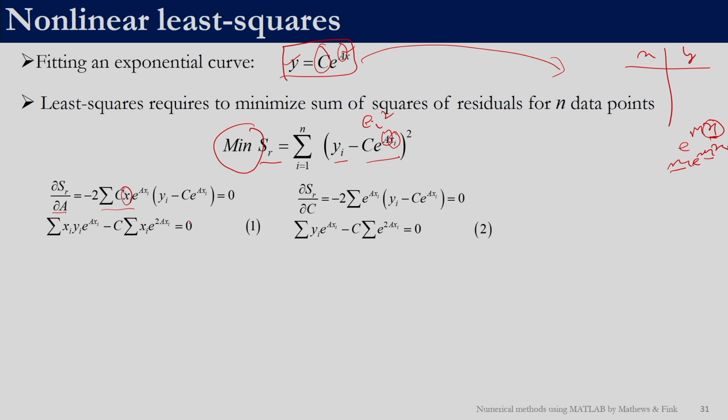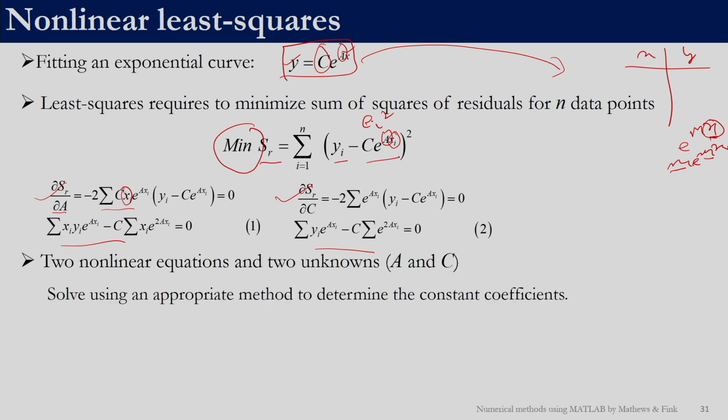If you calculate dou SR by dou a and dou SR by dou c, you will end up with two equations equated to 0. In this case these two equations are not linear; they are nonlinear equations in terms of a and c. So, you can apply any technique that you know, for example the Newton-Raphson method, to solve those equations.